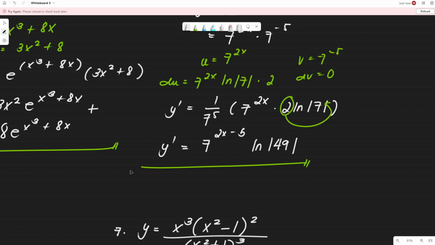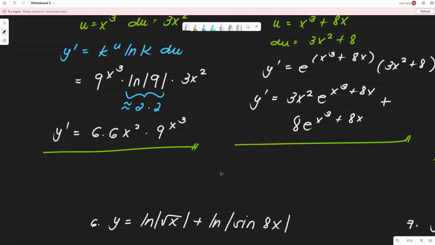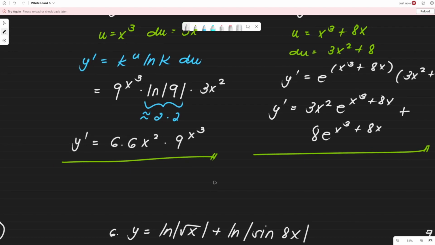Sir, dun sa nauna, hindi ba pwede? So, let us check. Hindi, yes, this may do. However, hindi naman masyado mag-matter. Bakit? Kasi, di ba, okay.